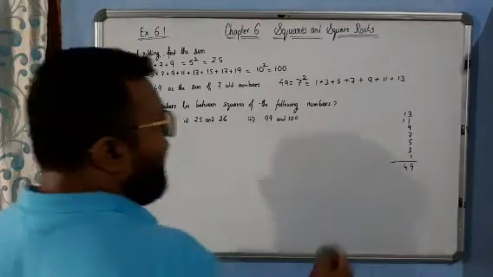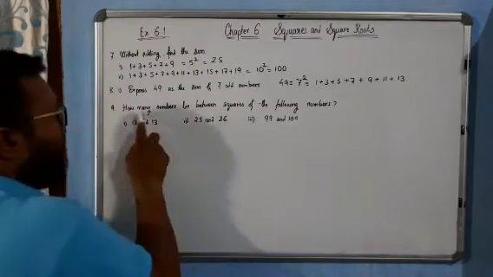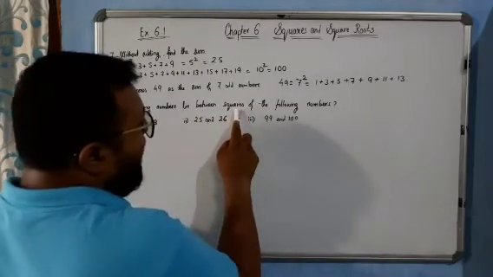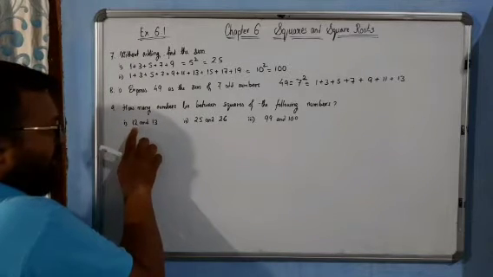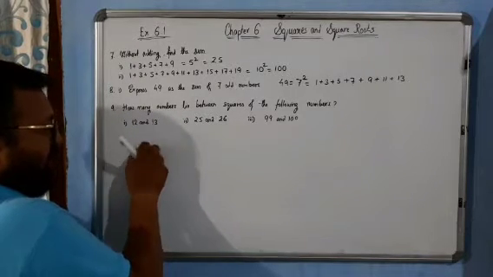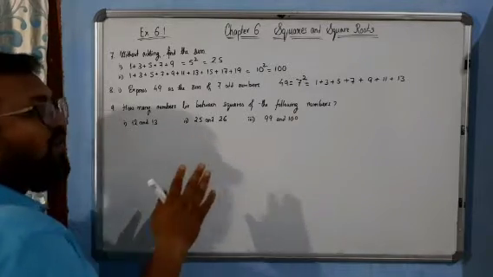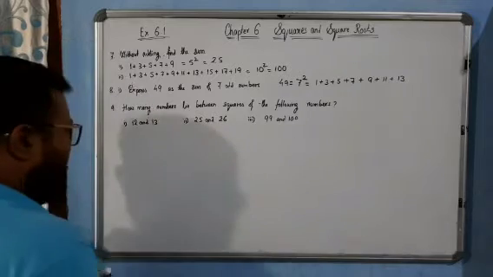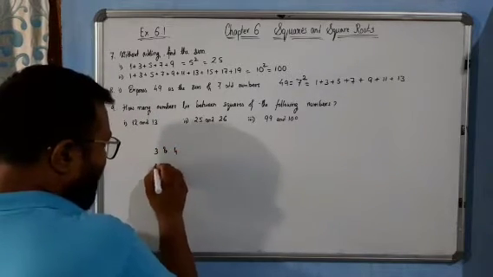Come to question number 9 here. In question number 9, how many numbers lie between squares of the following numbers? If you square 12 and you square 13, whatever the results are, in between, how many non-square numbers are there? Let's take an example. Suppose 3 and 4.